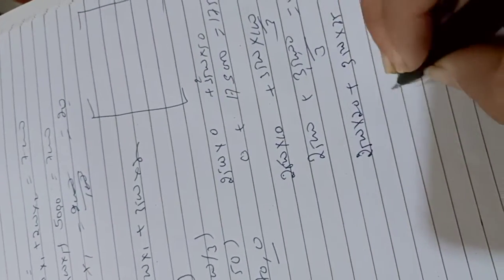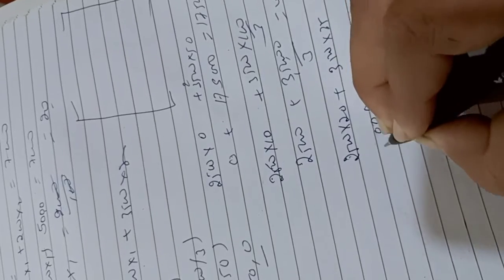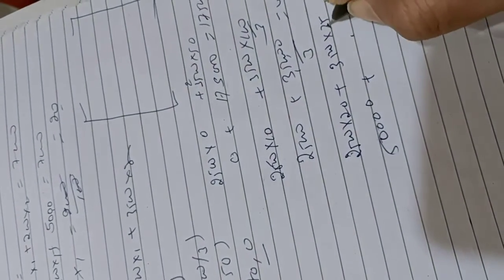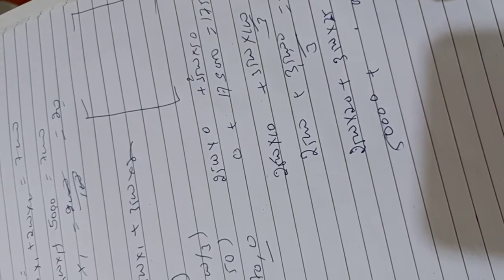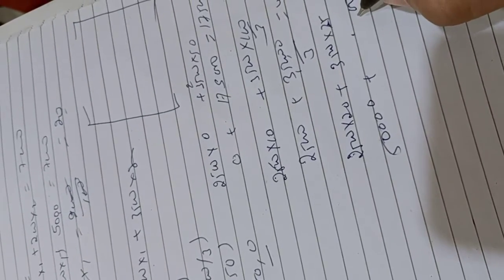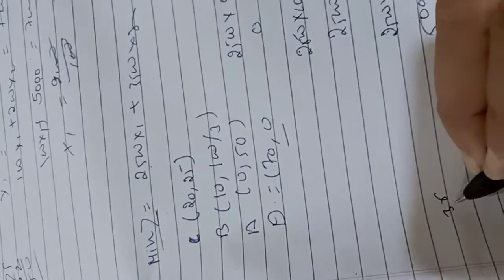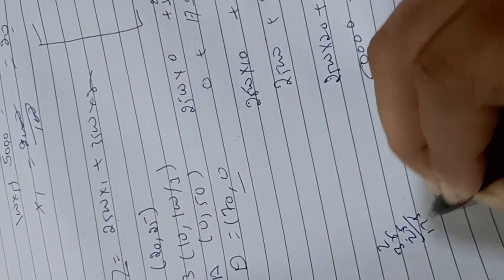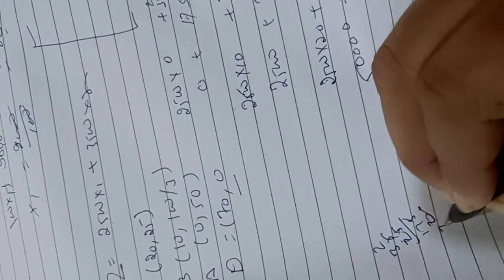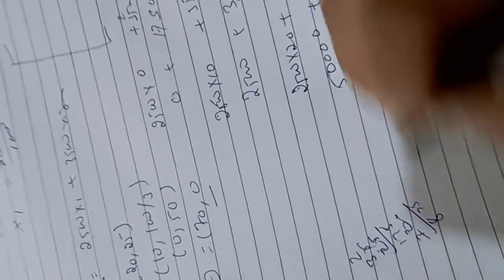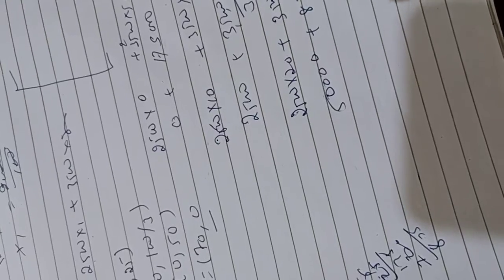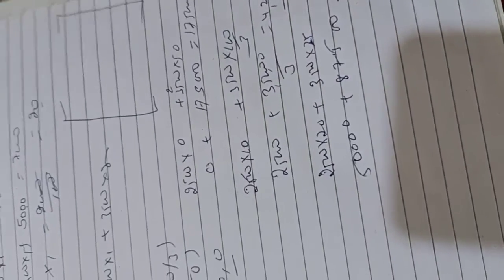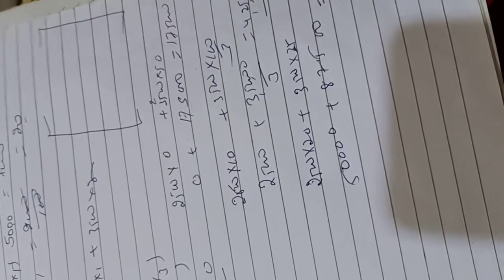Next we have to put the value of C, that is 2500 into 20 plus 3500 into 25. So we will get 50,000 plus 87,500, and now we'll get the desired result, 1,37,500.